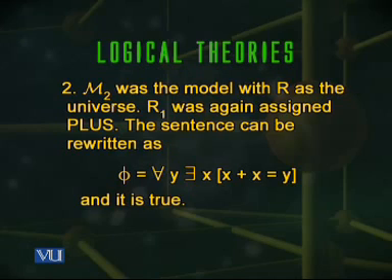So for all y, y is equal to 2x. So we can find an x, which is y over 2, which satisfies this sentence, and thus it's true that all real numbers are 2 times some other real number. So this sentence is true for real numbers with the usual meaning of plus, but it's false for natural numbers with the usual meaning of plus.